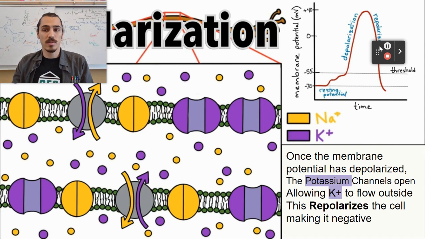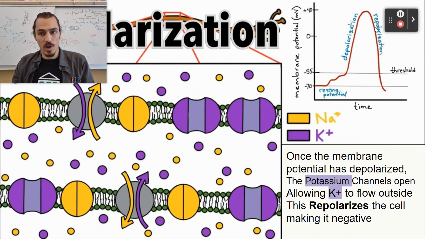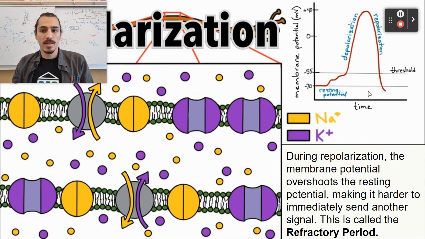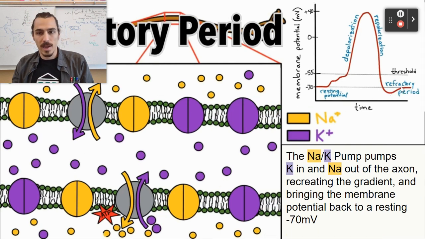So since all those positive ions are leaving the cell, the membrane potential crashes all the way back down. This is called repolarization. After repolarization, it actually hyperpolarizes a little bit. So we shoot past the resting potential, but the sodium-potassium pump is going to continue to pump, and it will bring us back up to resting membrane potential. That is an action potential.